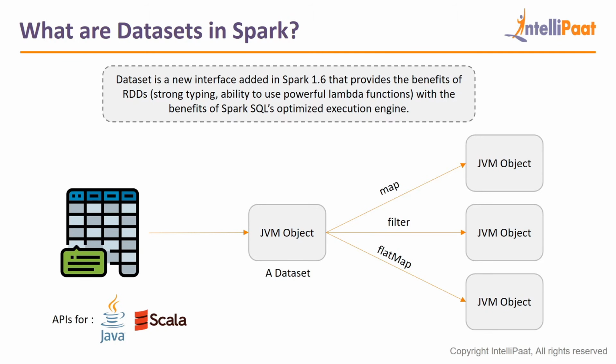So map, filter, and flat map are transformation functions that were essentially only possible for RDDs before Spark 1.6, but with the introduction of datasets, they are now possible for datasets as well. The APIs where we can implement datasets are available for Java and Scala for now. And if you want to implement datasets, then you can use any of these languages.